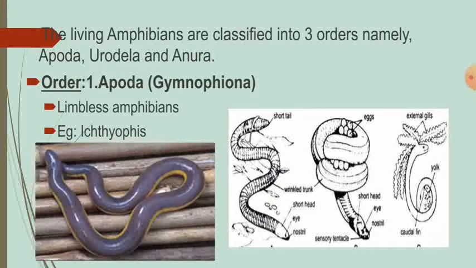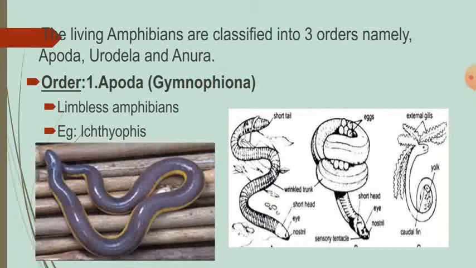As I said in the general characters, the eggs are mesolecithal, which contain a moderate amount of yolk, and the eggs are laid in moist earth. So they are oviparous. In Apoda, an important character is that parental care is well developed. You can see in this image, the female coils around the eggs till the eggs hatch. So parental care is well developed.